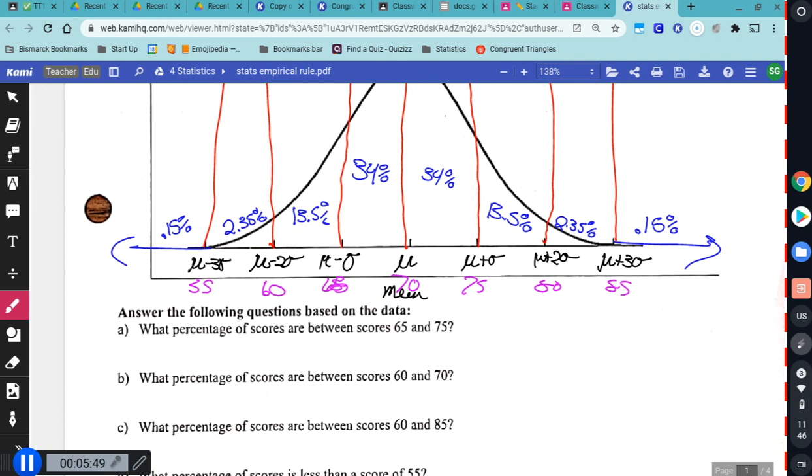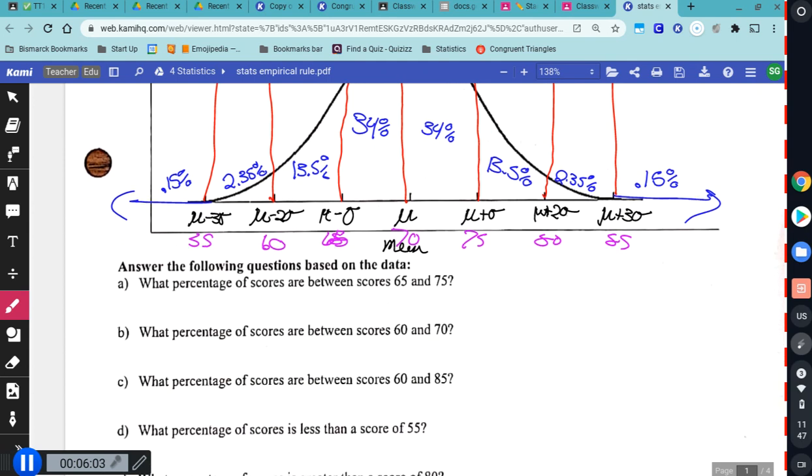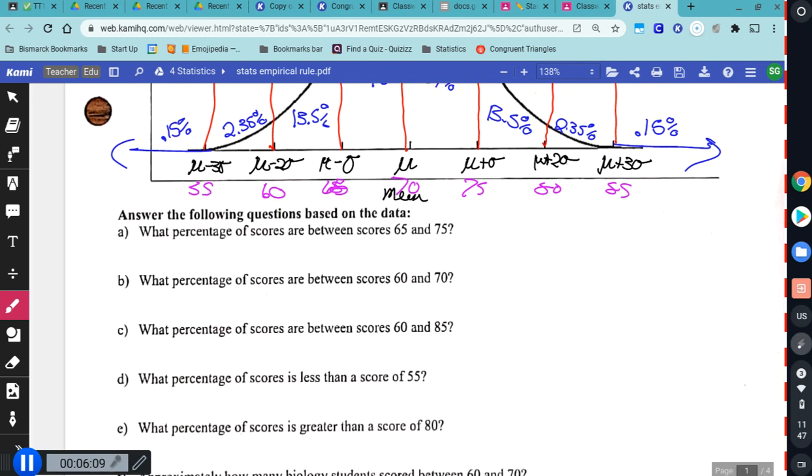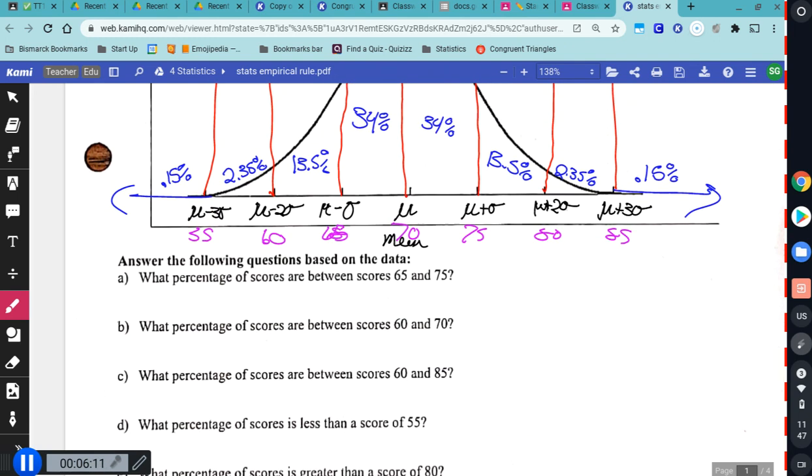What percent are between 60 and 85? Hopefully you shortcutted and did 95 plus 2.35. What percent are less than 55? So that's just over here to the right, so that's 0.15. What percent are greater than 80? Add these two, 2.35 and 0.15.